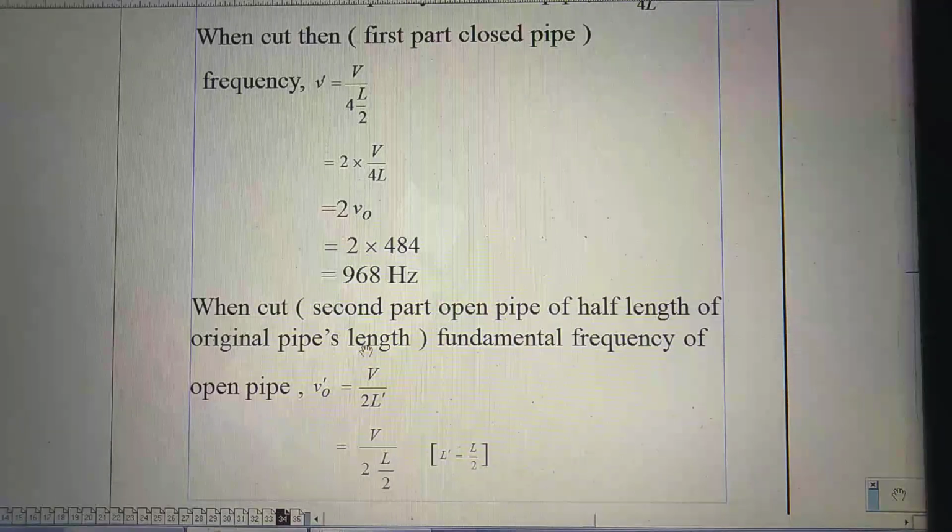For the other part, which acts as an open pipe whose length is half of the original length of the closed pipe, we know that the fundamental frequency of an open pipe is v by 2L dash. Here L dash is L by 2.